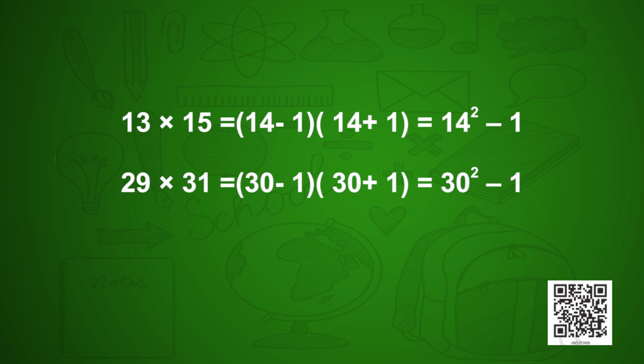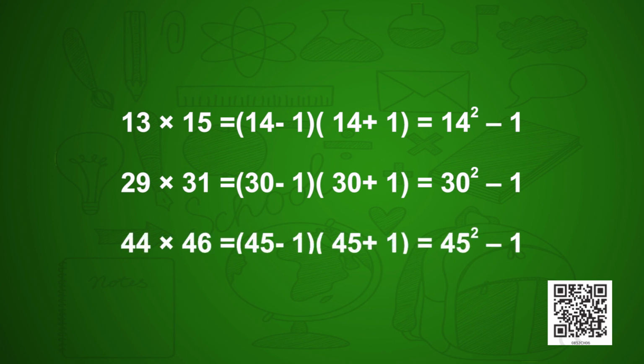So, these are the products of two consecutive odd natural numbers. Let us observe a product of two consecutive even natural numbers. So, for example, 44 times 46 is equal to (45 minus 1) times (45 plus 1), which is equal to 45 square minus 1.